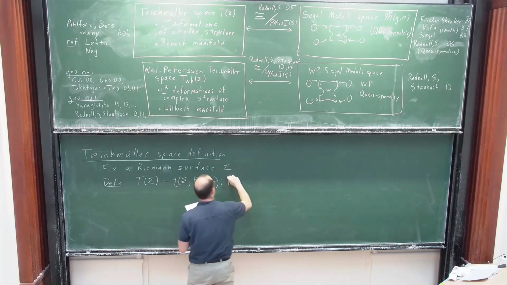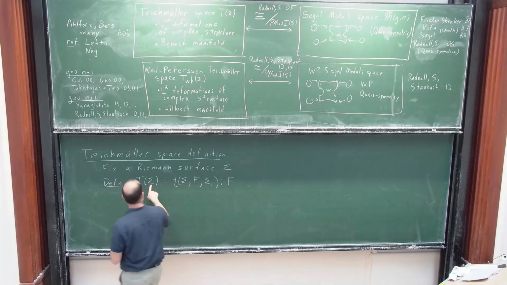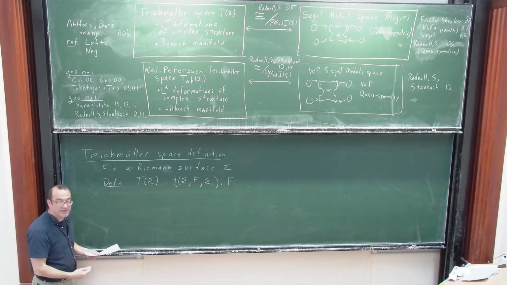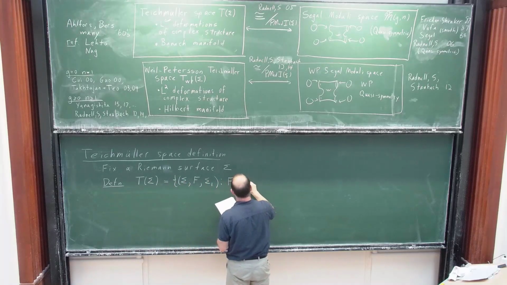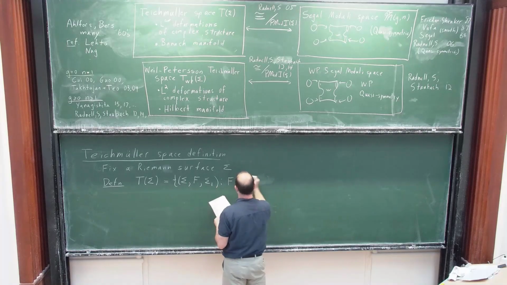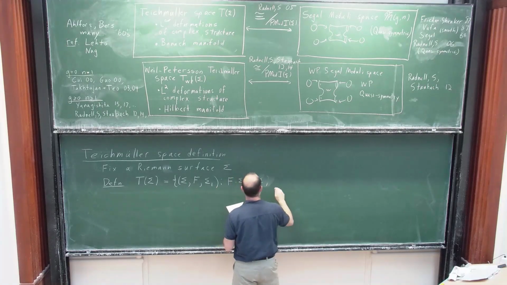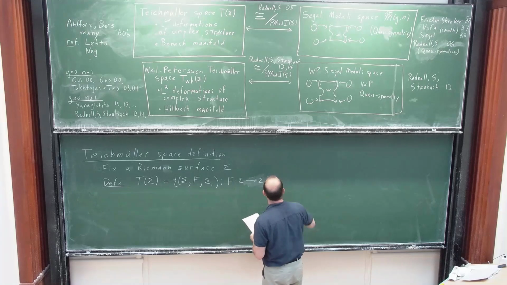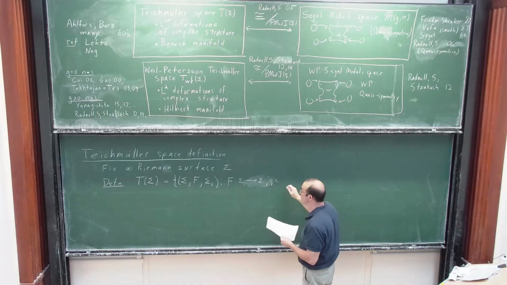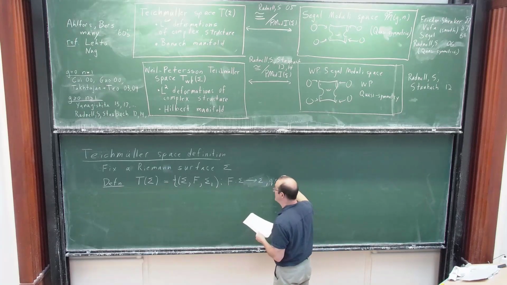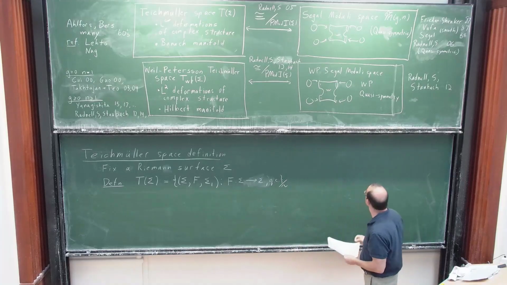You fix a base surface that determines the type that you're thinking about, essentially what's called the conformal type. Then there is a quasi-conformal map. I'm going to define that in a second, because I saw someone nod. And then you have to mod out by a certain equivalence relation, which I'll say in a minute.